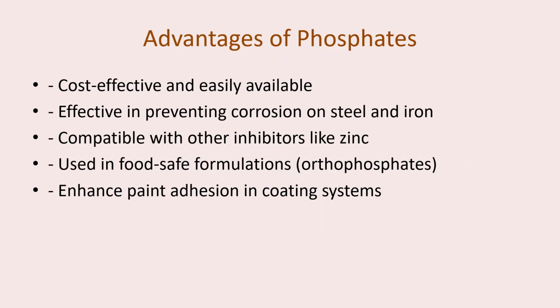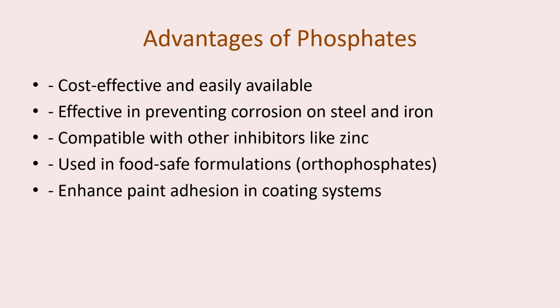Advantages of phosphate coating: it is cost effective and easily available, effective in preventing corrosion on steel and iron, compatible with other inhibitors like zinc. Okay, I've told you why we have used zinc here. The purpose of using zinc in this bath is that zinc enhances the nucleation step, the first step.